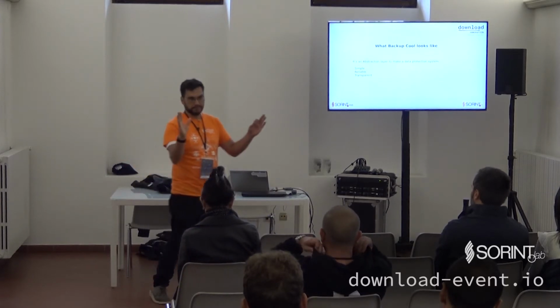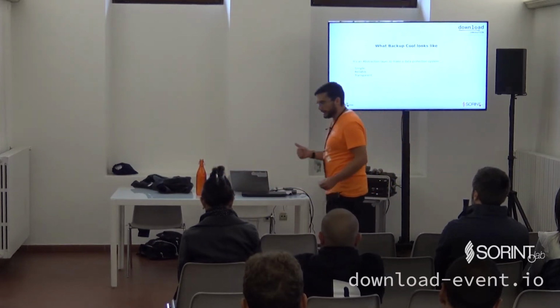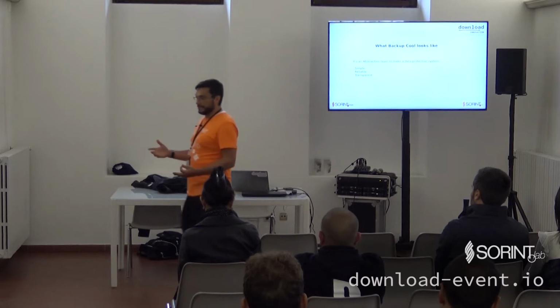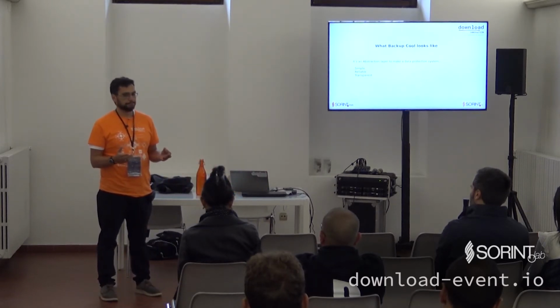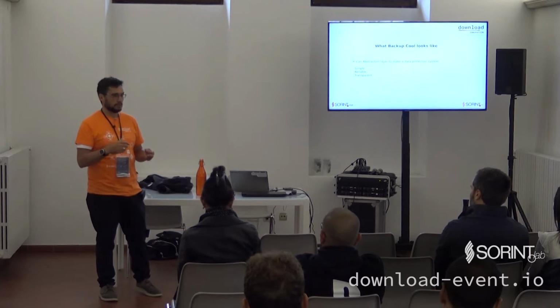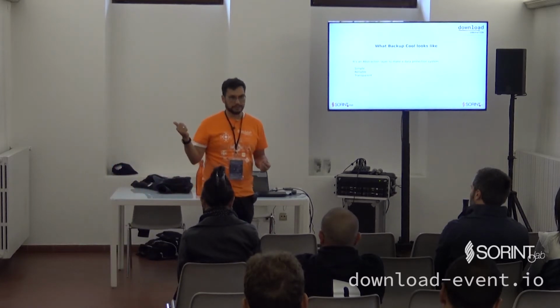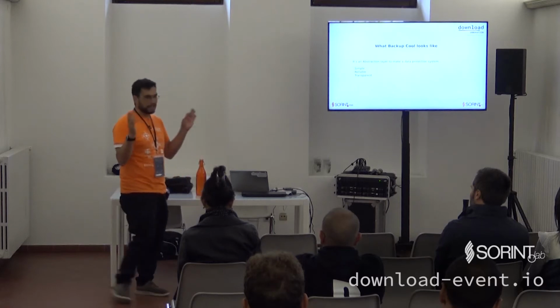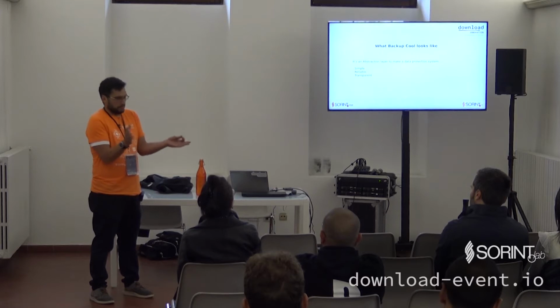So the main functions of a backup system. The reliability. The backup system has to provide a consistent performance, increase the availability, and reduce the latency. The latency in backup is a strange term, I think, but it's simple.